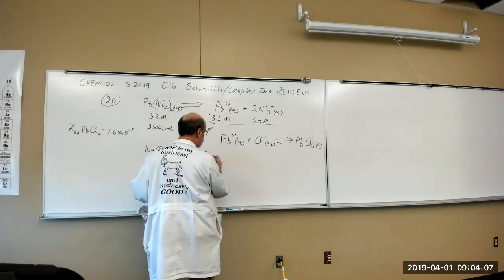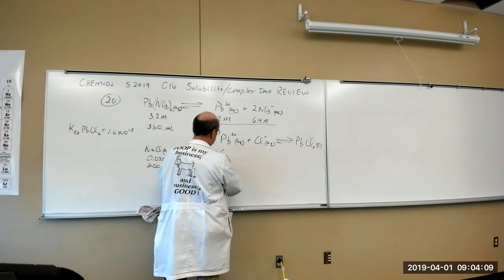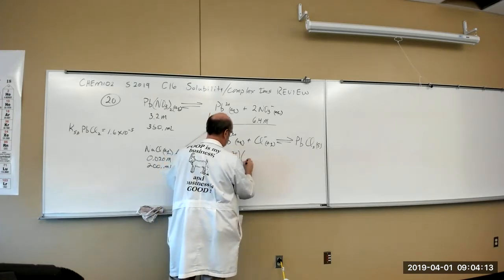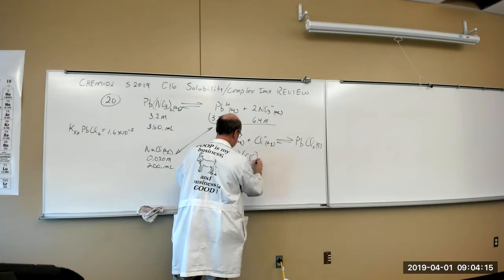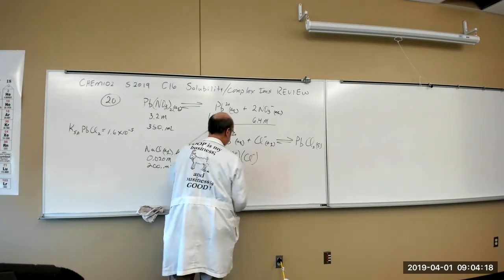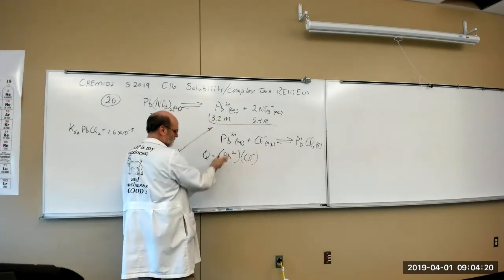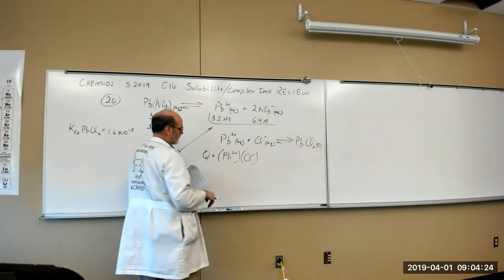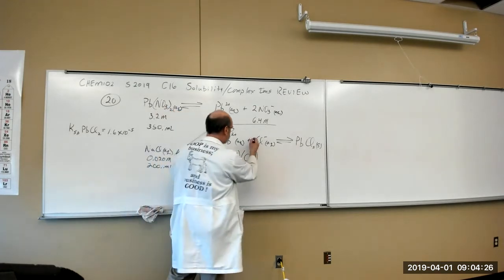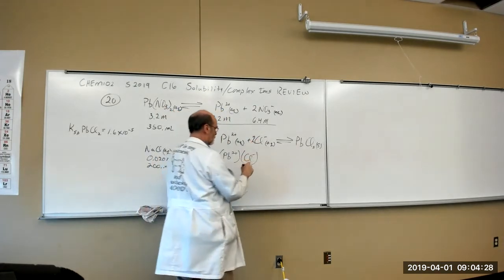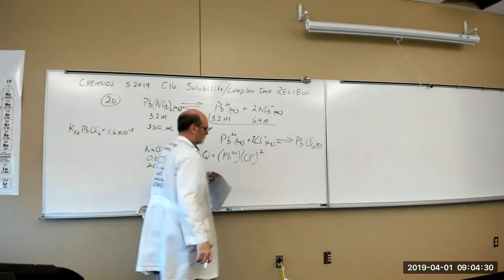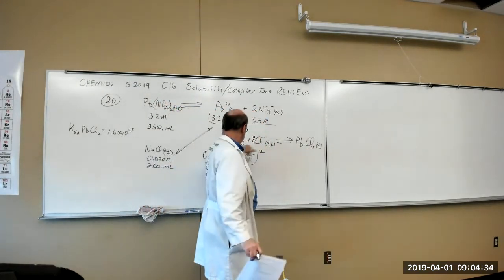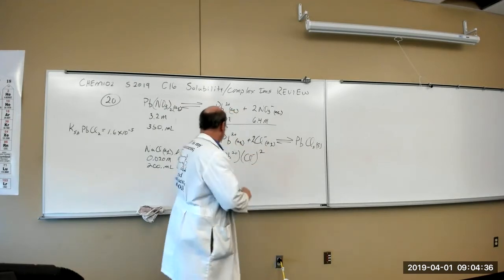So we're talking about Q, and I use parentheses, not brackets, because it's not equilibrium. And I didn't balance my equation, sorry. There, because you've got two of these, two there.